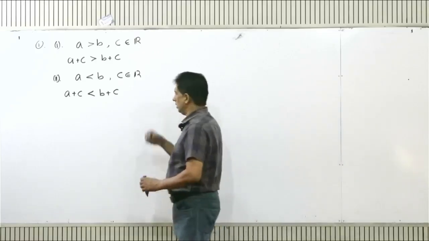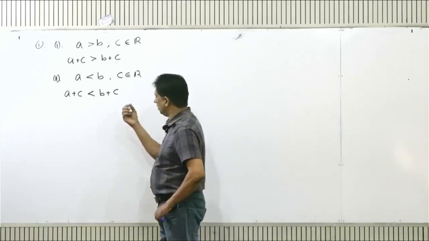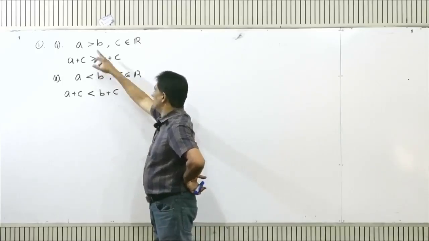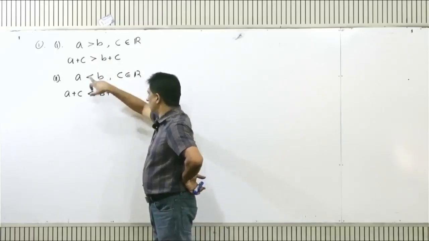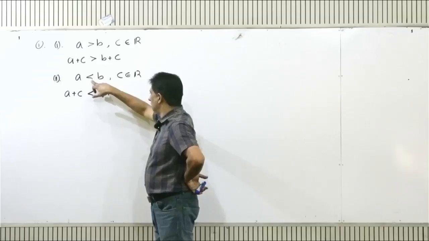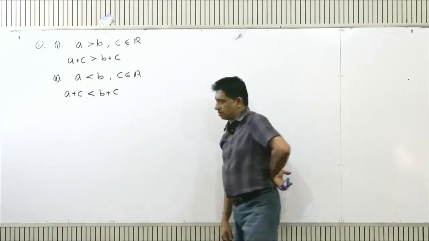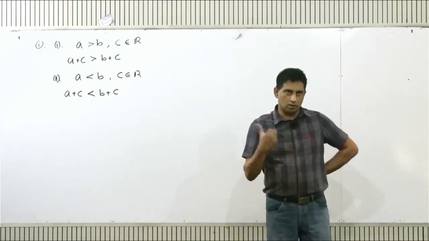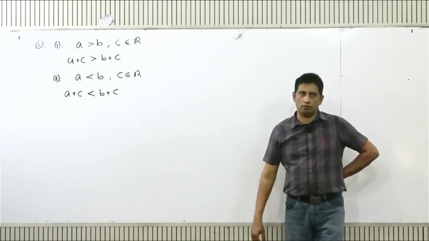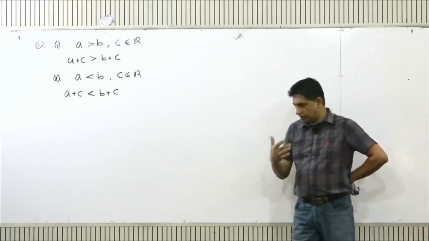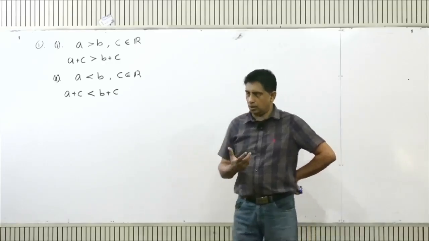Here in the inequality first law, there are 2 parts. Why are there 2 parts? For this inequality mark and this inequality mark. As there are 2 inequality marks, we have to write this law in 2 ways. After that we have to summarize it like this.